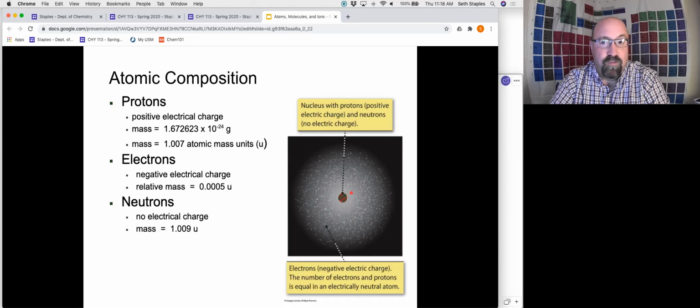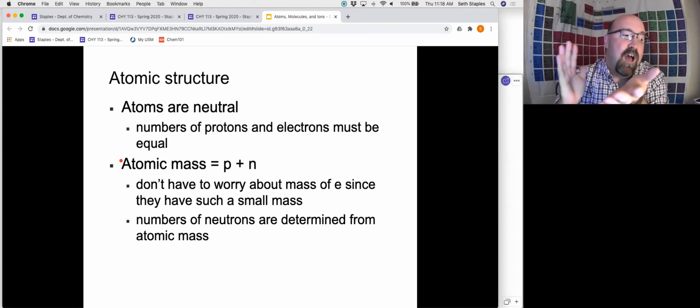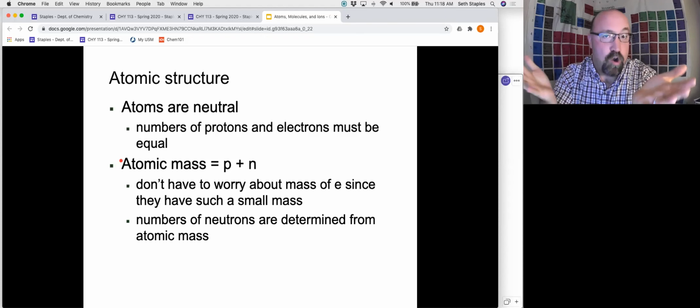And so again, to recap, positively charged protons and neutral neutrons here in our nucleus, and our negatively charged electrons on the outside. And this pretty much sums up a lot of what I just said right here. And so atoms, as they exist in their neutral state, are neutral.